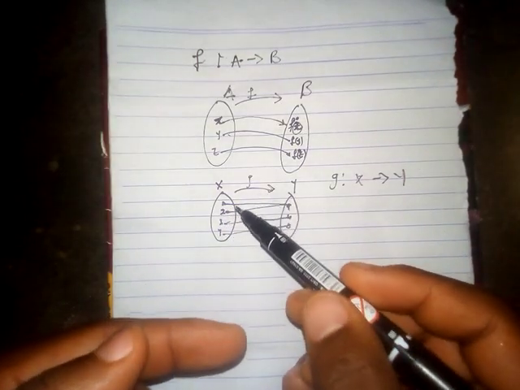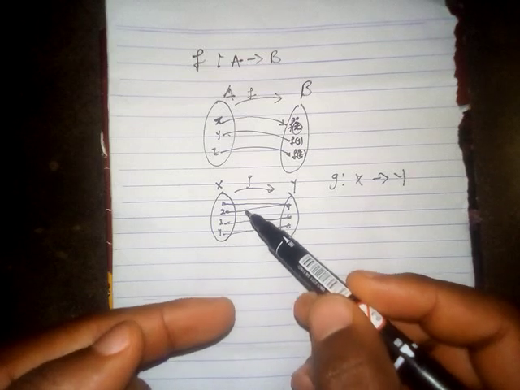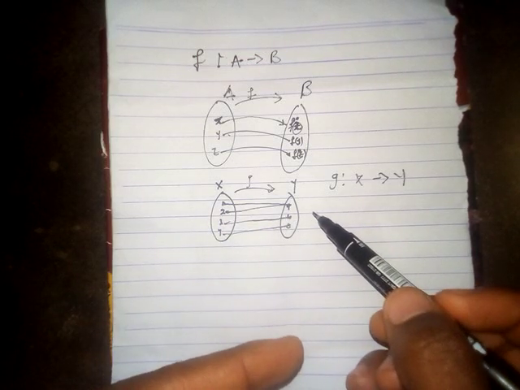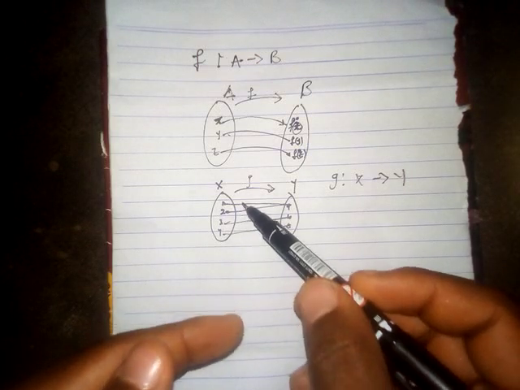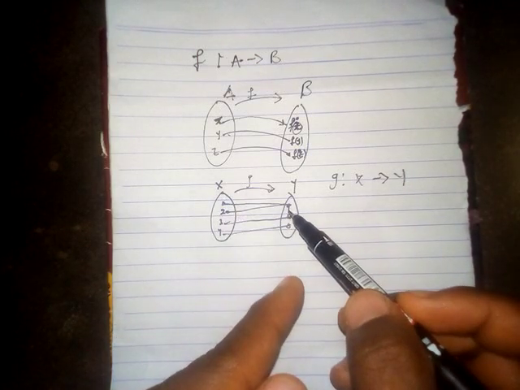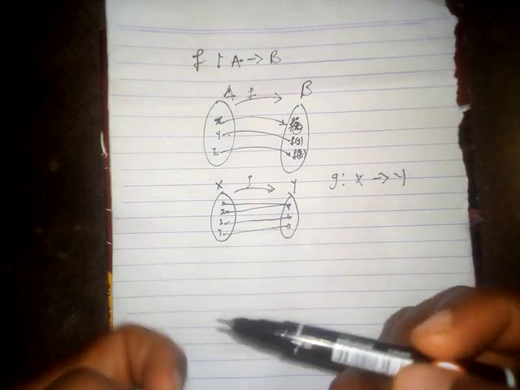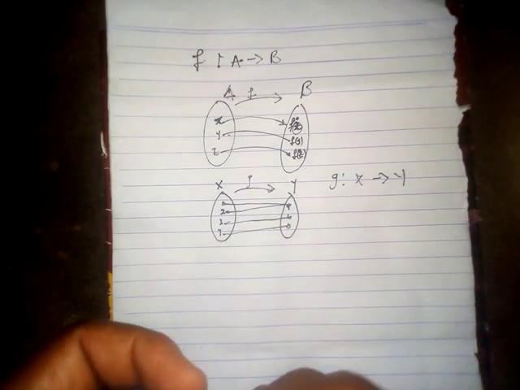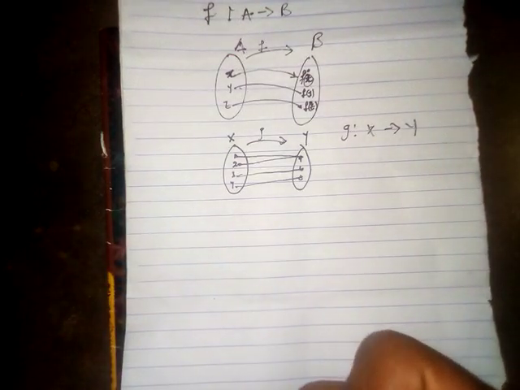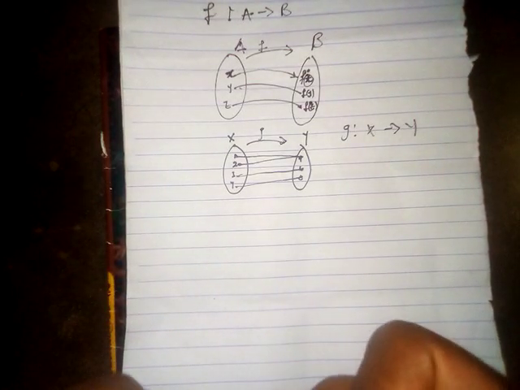Simply, a function is a map that maps elements in the domain to unique elements in the codomain. When you say something is unique, it means it is just one. Now there are different ways to know if this is a function.